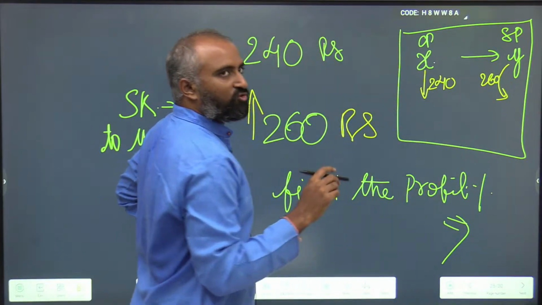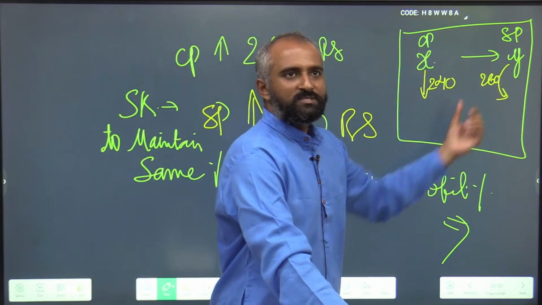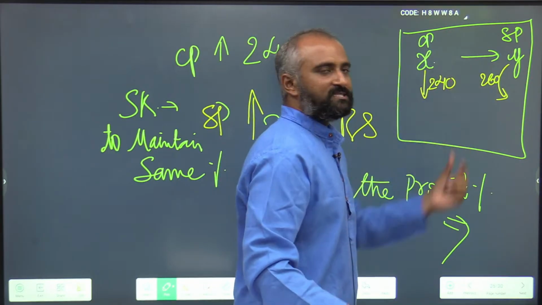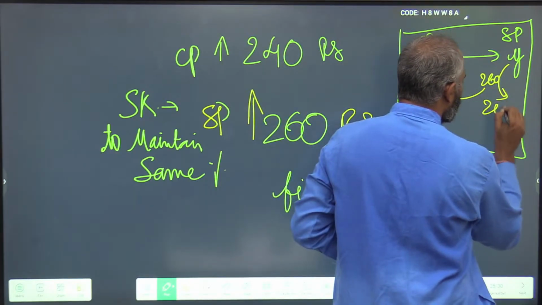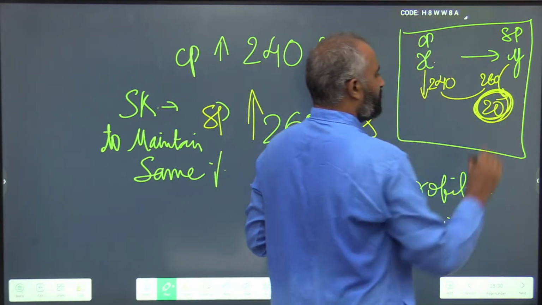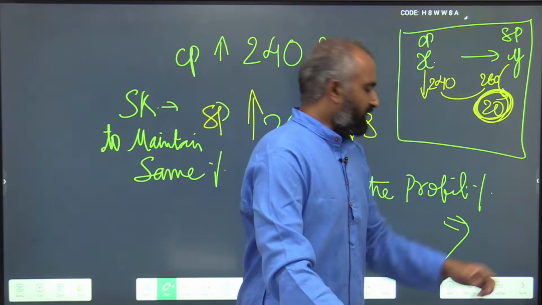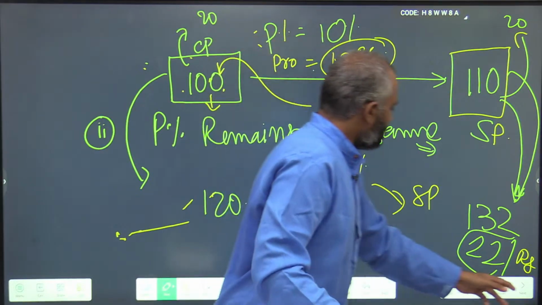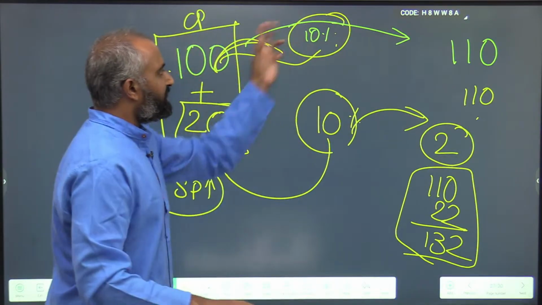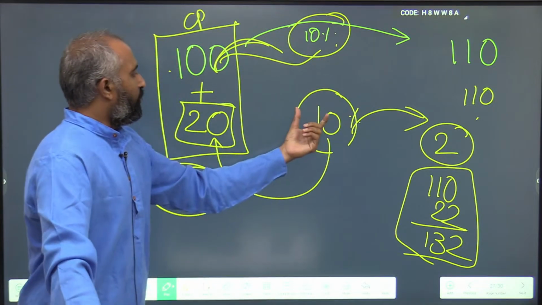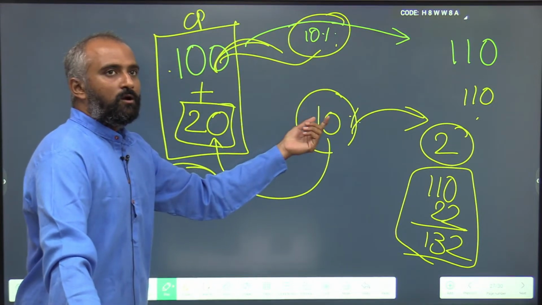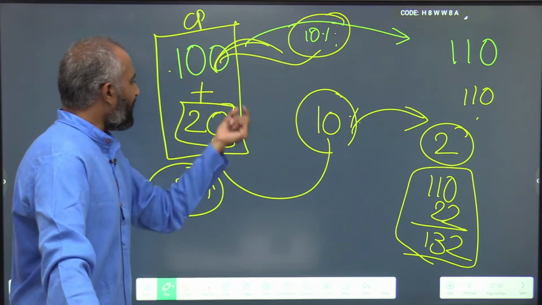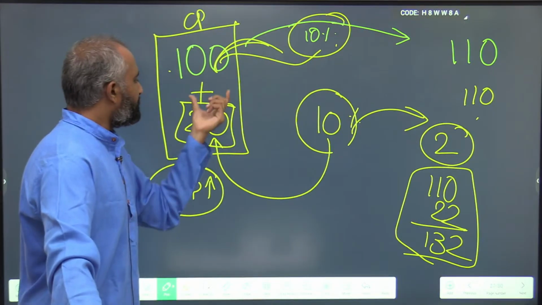What is the difference here? The difference is 20. Where is this 20 coming from? If you refer to my previous explanation, to maintain the same profit percentage, we should not only calculate the profit on the initial part, we should also calculate the profit on the added part.